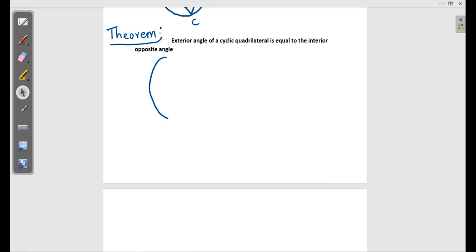So if I have a quadrilateral inside a circle, and I extend this line here, this is still my A, this is still my B, this is still my C, and this is still my D. Now this is the exterior angle.